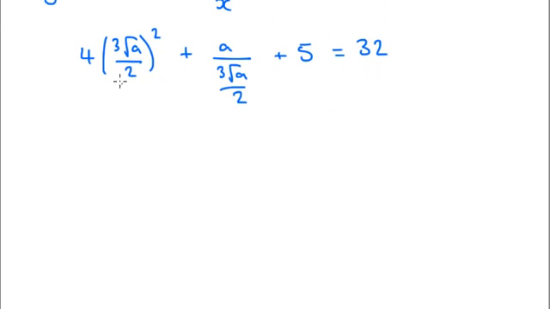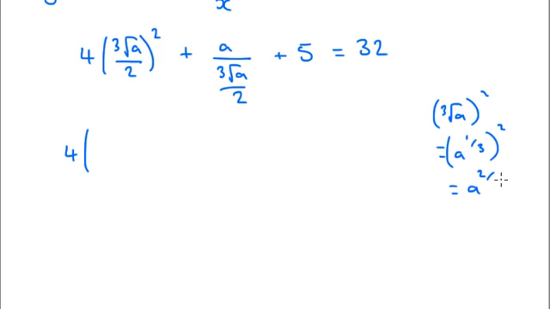So if we expand and tidy all this up, we've got 4 lots of the cube root of a squared. If I rewrite that as a fractional power, cube root of a is the same as a to the third. So a to the third squared is going to be a to the 2/3.